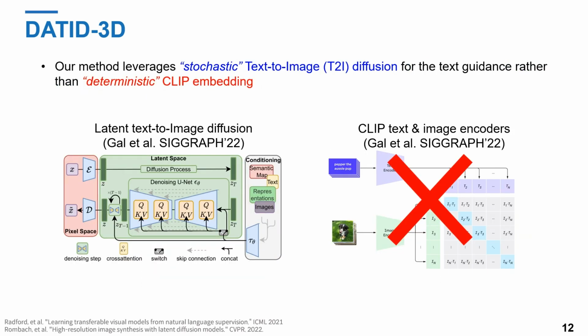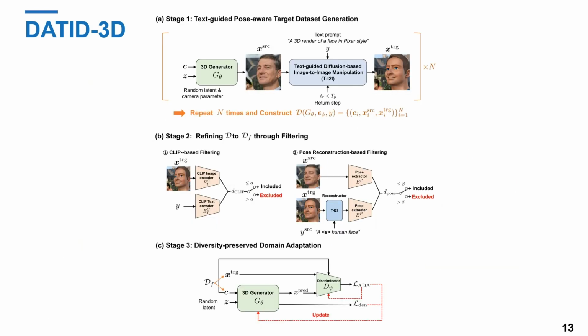To achieve diversity-preserved domain adaptation, we leverage stochastic text-to-image diffusion for the text guidance rather than deterministic CLIP embedding. DATID-3D is divided into three main stages: text-guided pose-aware dataset generation, CLIP-based and pose-reconstruction-based filtering, and diversity-preserved domain adaptation.